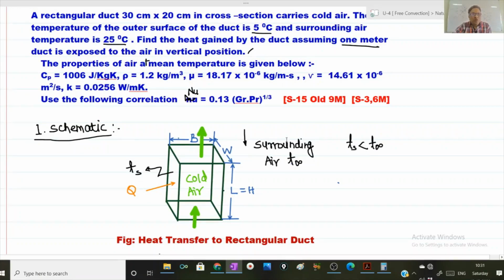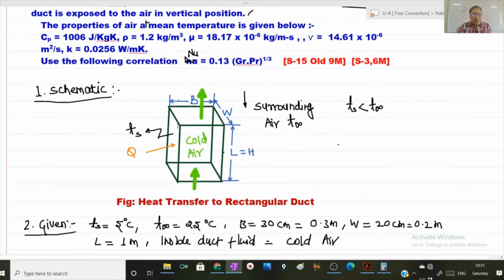So in order to solve the problem, let us first draw the schematic. In the problem, there is a duct of height or length L, width B and breadth W. This duct is carrying cold air.